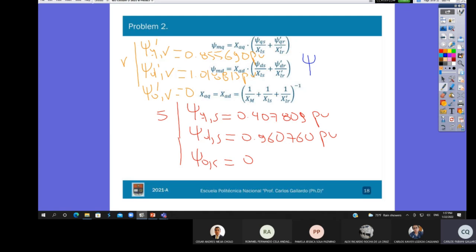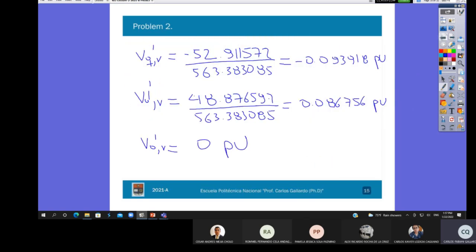The last two quantities is the magnetizing flux. This is the quadrature flux, is 0.474311 per unit, okay? And the direct axis flux is equal to 0.954961 per unit. Okay, so I have already finished my second step.